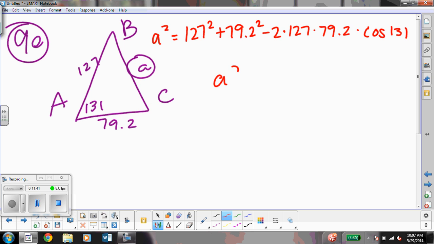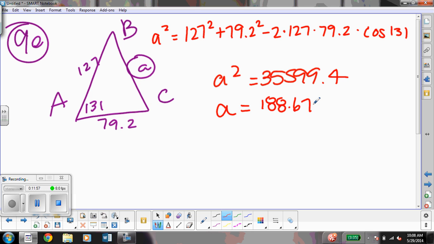So a squared equals 35,599.4. And then I'll square root both sides to get 188.67.